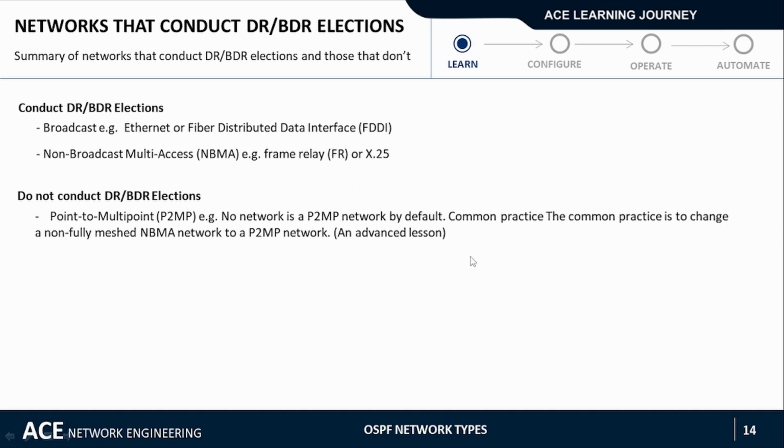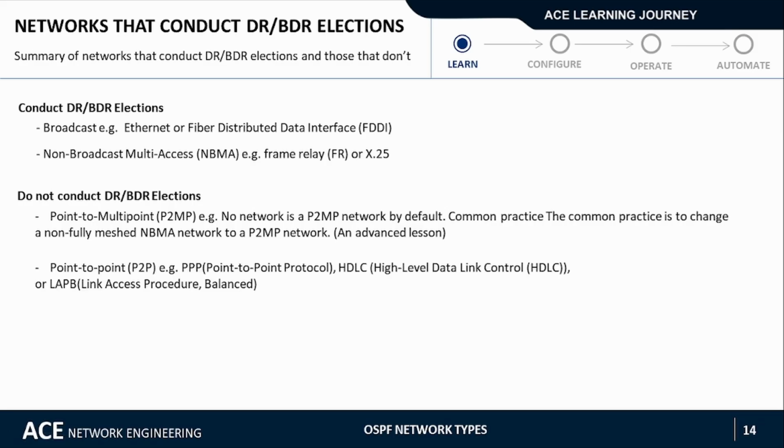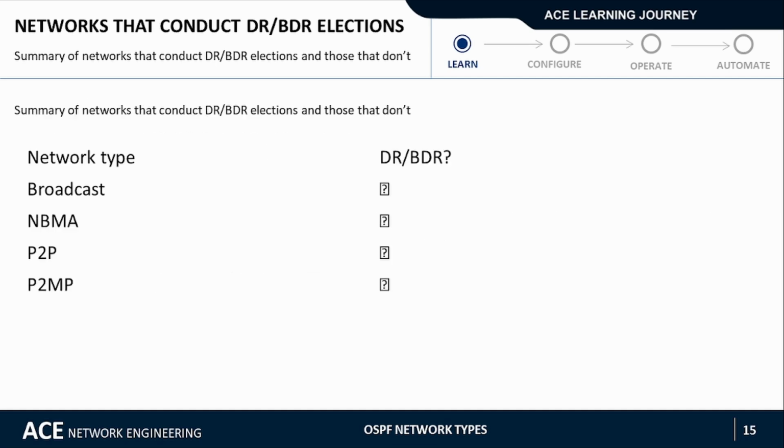But that's an advanced lesson. And then point-to-point networks do not conduct a DR/BDR election, and we're talking of Point-to-Point Protocol, HDLC, and Link Access Procedure Balanced. Those do not conduct an election.